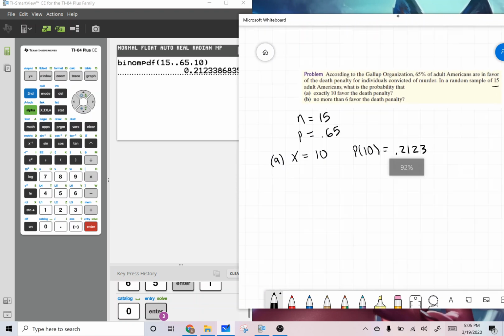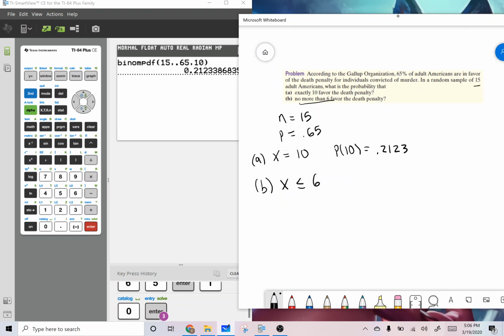Okay, so let's do it again, but this time we're going to use the other part. It says no more than 6. So that's when x is less than or equal to 6, because if it's equal to 6, that's fine. If it's 5, 4, 3, 2, 1, or 0 of them saying that they're okay with the death penalty, that would fall into this category.